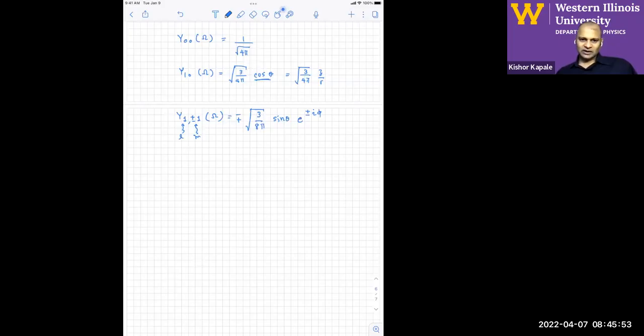So that's the complex part that I told you about. Or if you wanted to write this in terms of the Cartesian coordinates, you can do that using the polar representation of complex numbers. You can identify this as x plus minus iy over r, and that gives you at least the first 3 or 4 of these spherical harmonics expressions.